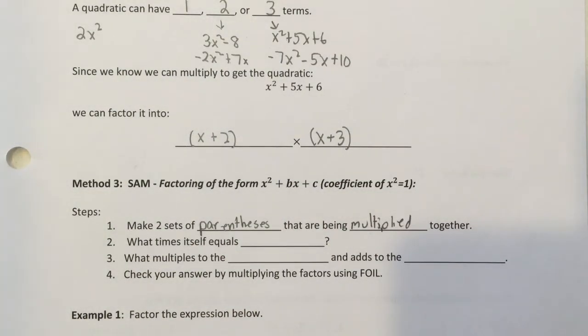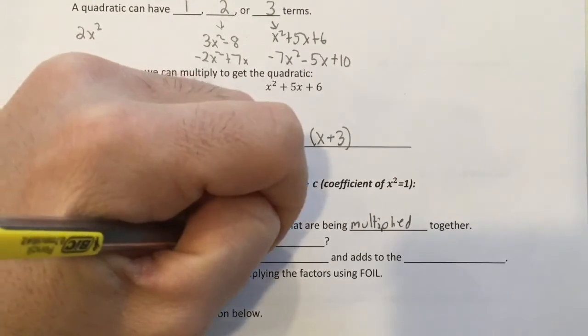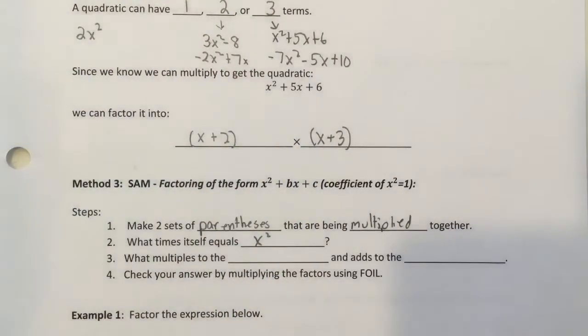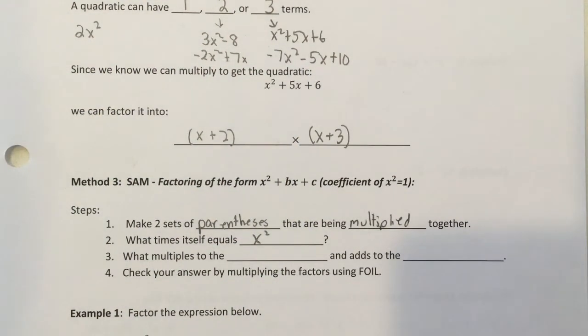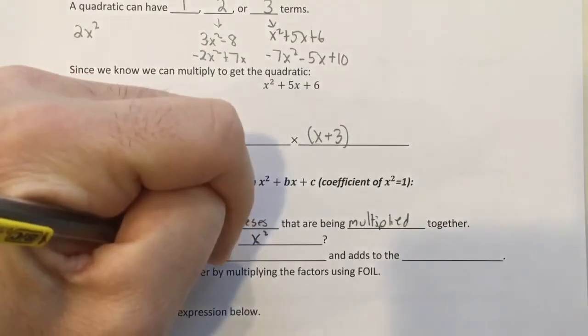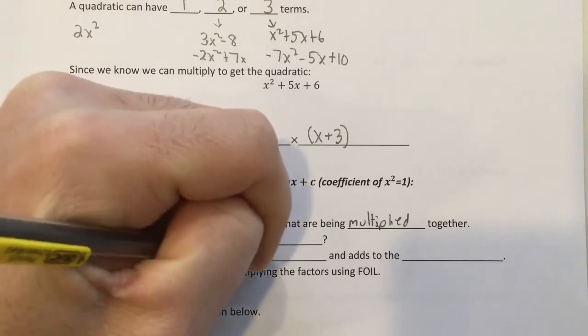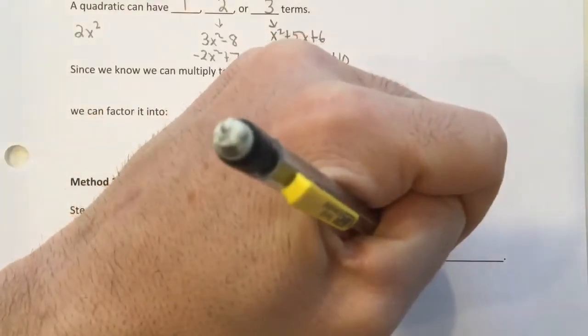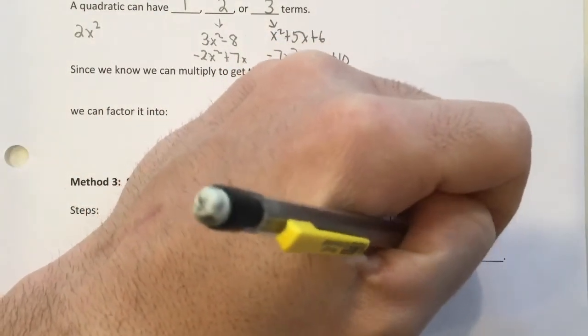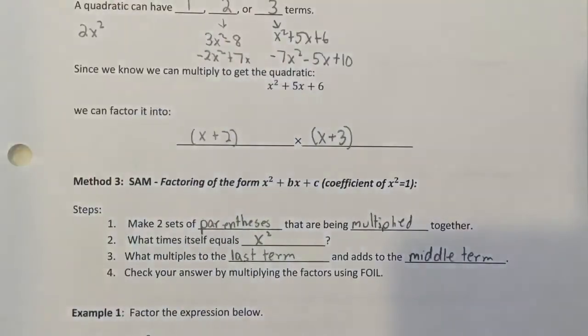And you're saying what times itself is x squared. That's kind of the F part of FOIL, because remember we're doing reverse FOIL. We're then going to say what multiplies to the last term and adds to the middle term. And that's where the A and the M are going to come from.